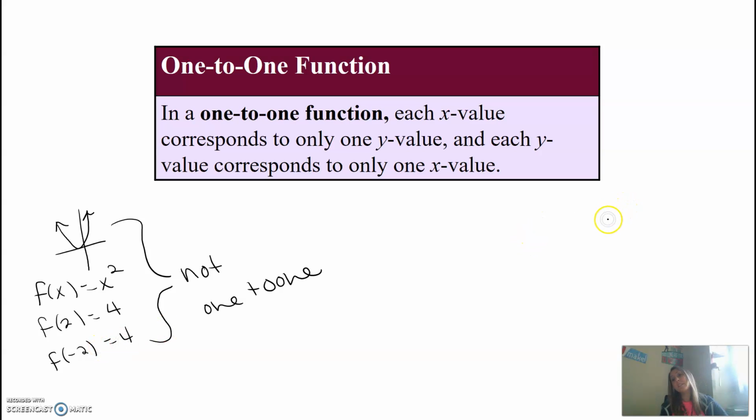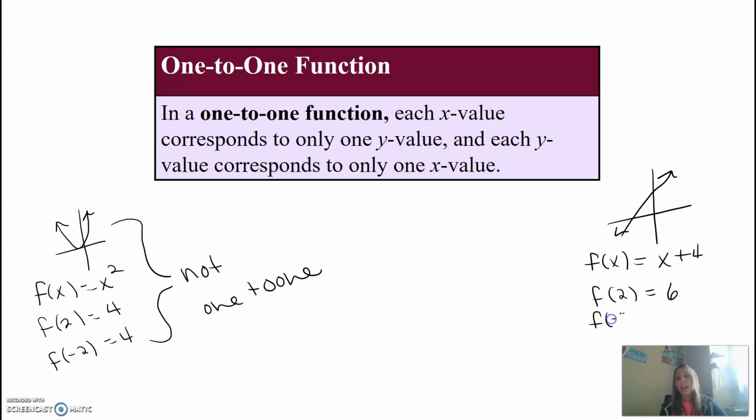But if I were to say this function right here, f of x is equal to x plus 4, then I could find f of 2, and that would be 6, but f of negative 2 would be 2. So notice that they have a different answer.